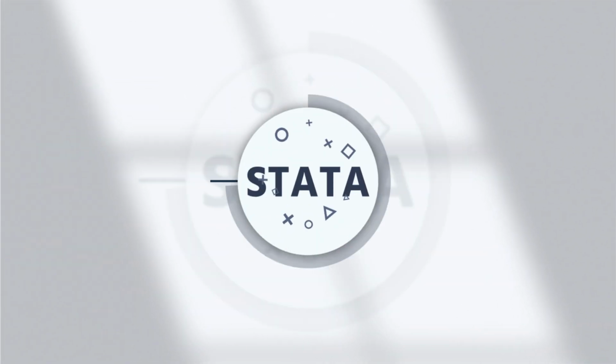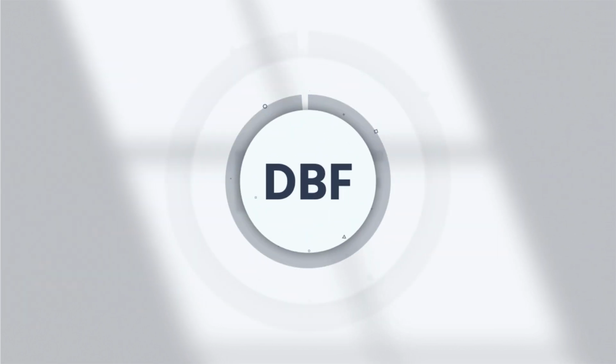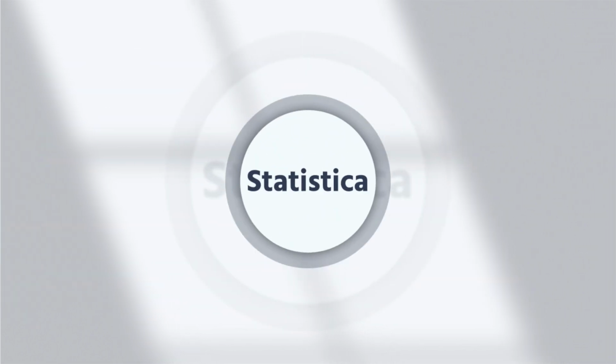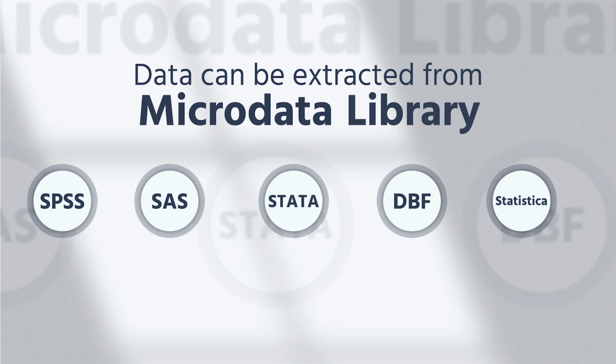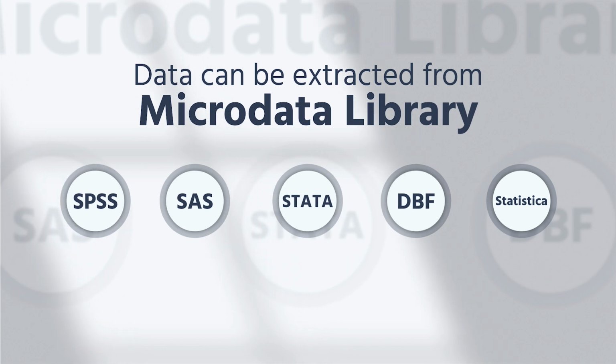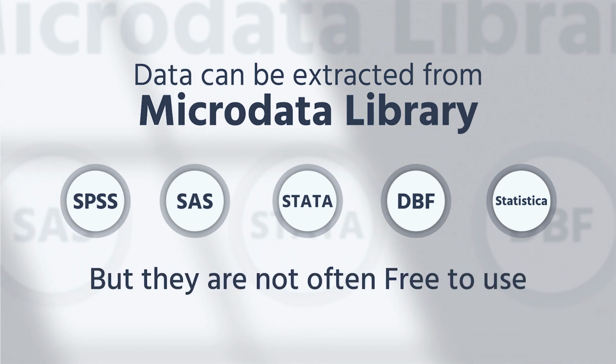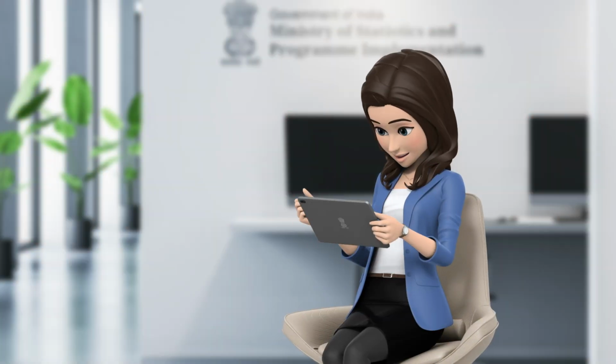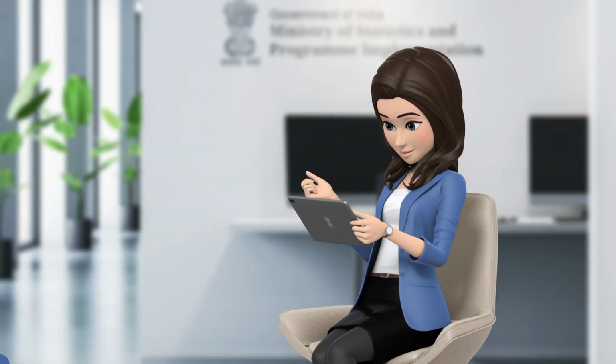Other platforms like SPSS, SAS, Stata, DBF, Statistica, etc., can also be used to extract data from the microdata library, but they are often not free to use. In this session, we will use R to extract and analyze NSS data efficiently.